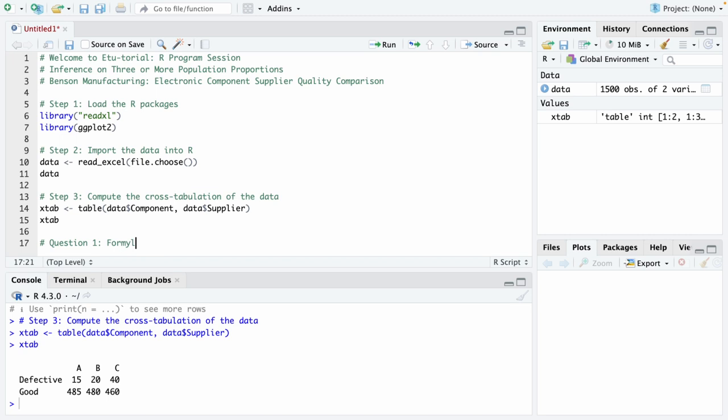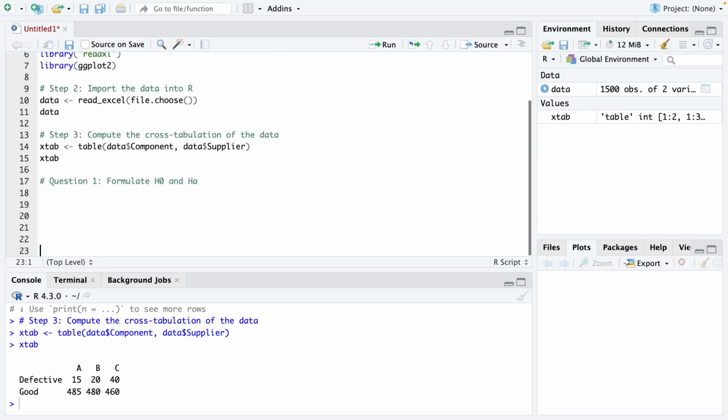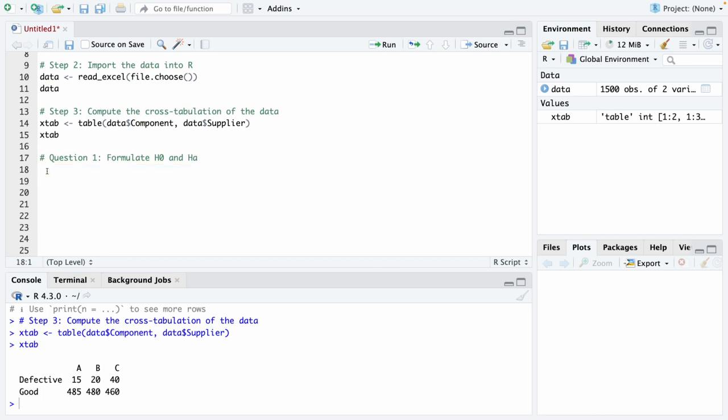P1 is the proportion of defective components from supplier A, because remember we're looking just at the defective components.